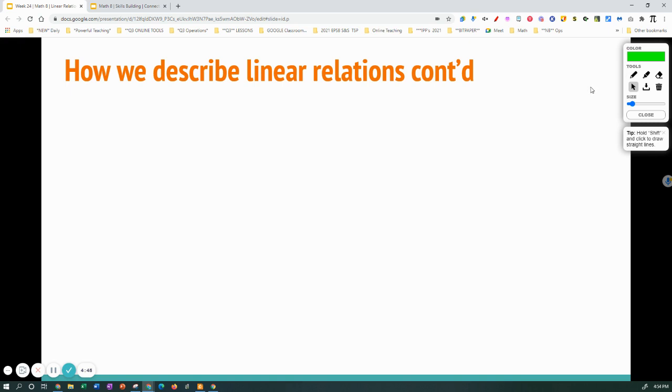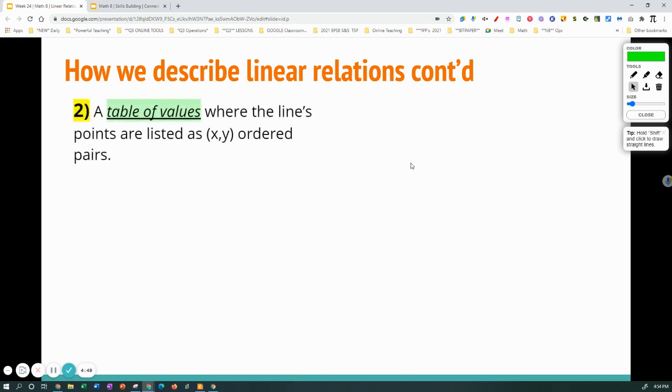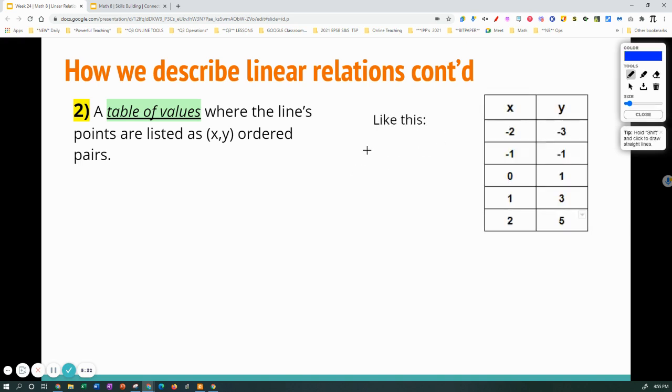How do we describe linear relations? There's another way we can do it, a table of values. A table of values is where you have the line's points, and they're listed as x, comma, y, ordered pairs, organized in a nice little table. So like this. If you remember from grade 7, ordered pairs are always written in the order of x, comma, y.